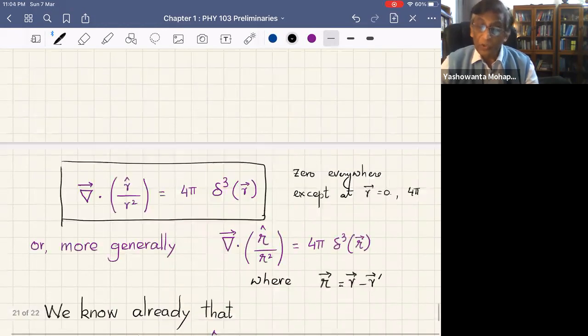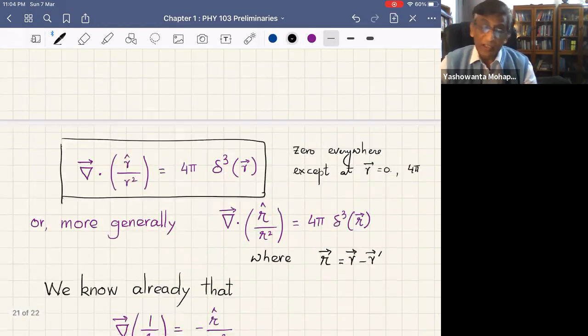So more generally, I've used r hat by r squared, but as I had said earlier, this is also true for, let's say, this is xyz, this was r equal to 0, but suppose my source is at r dash.